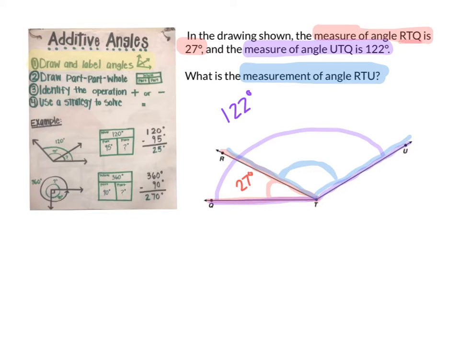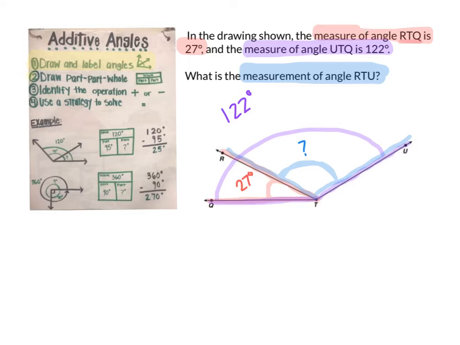And this angle is what we're solving for. We don't know that measurement yet. So now we have everything from the problem labeled on our picture. So let's move on to step 2.